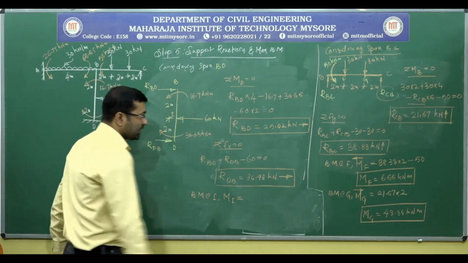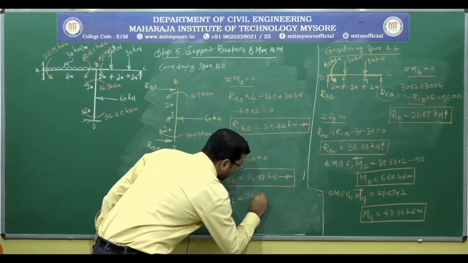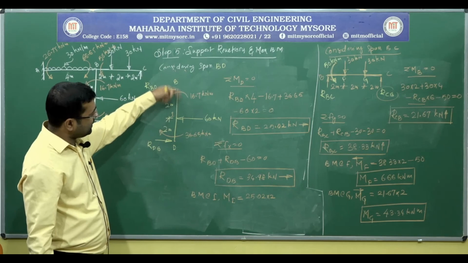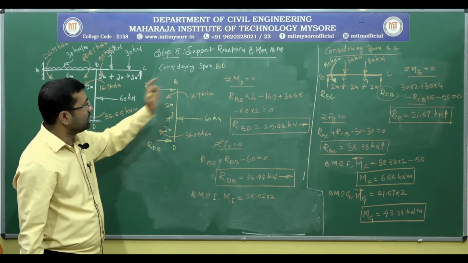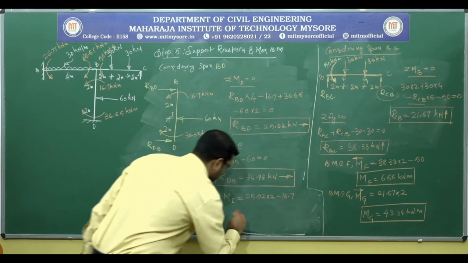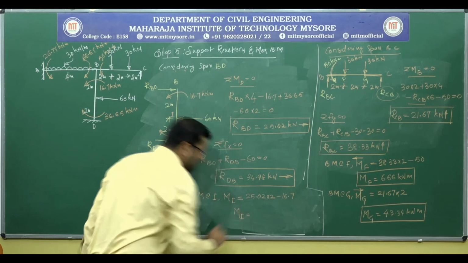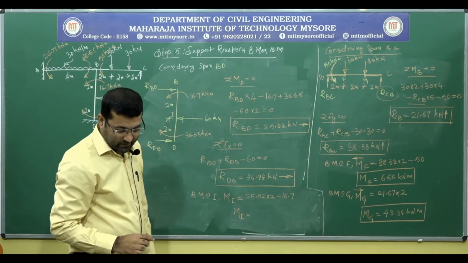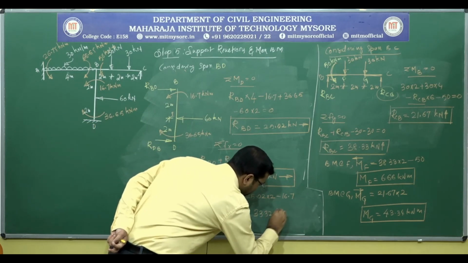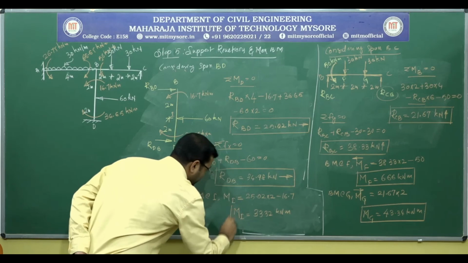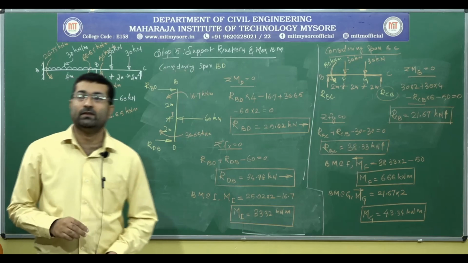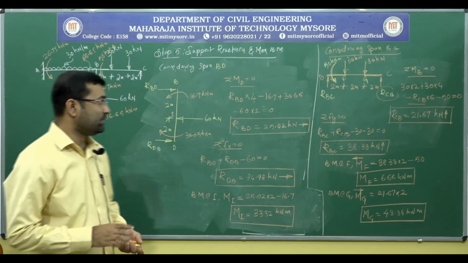RBD as per our calculation is 25.02 into its distance of 2 meter, and on the left side we have the anticlockwise moment, so minus 16.7. So I will get ultimately MI as 33.32 kilonewton meter, right? So this is the calculation part.